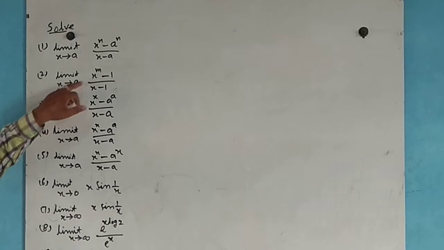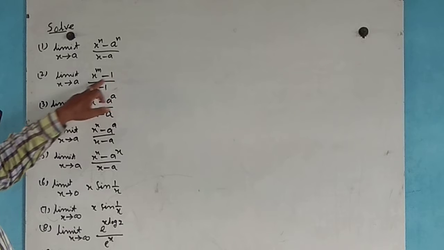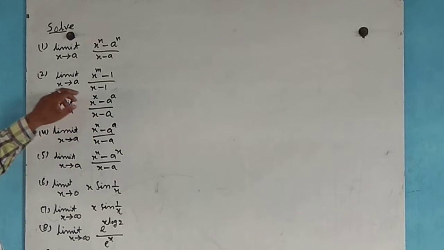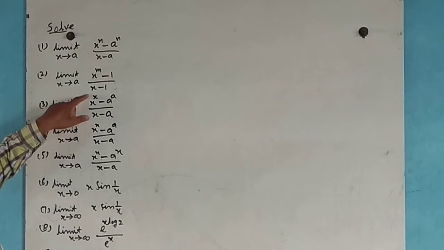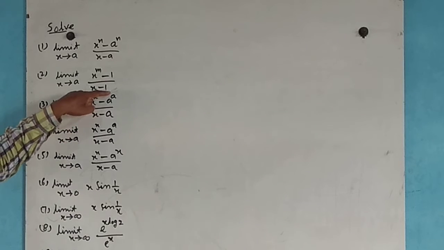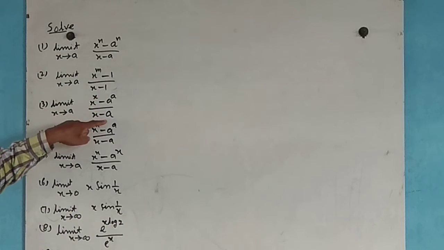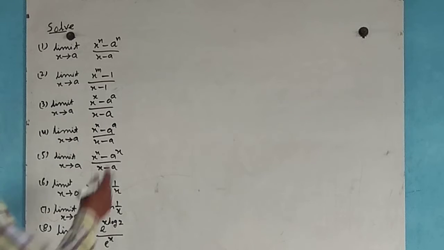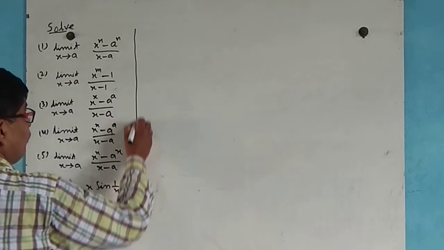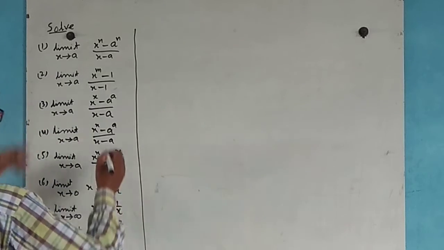Limit x tends to a, x to power n minus 1 divided by x minus 1. These are the same. These are solved here. Now we take the first question.